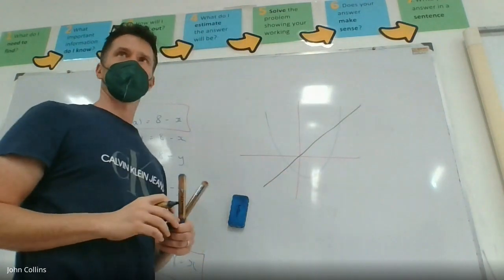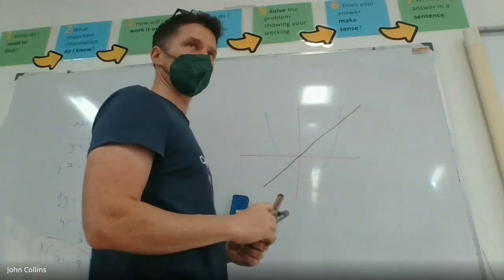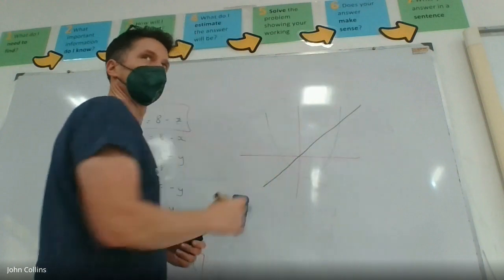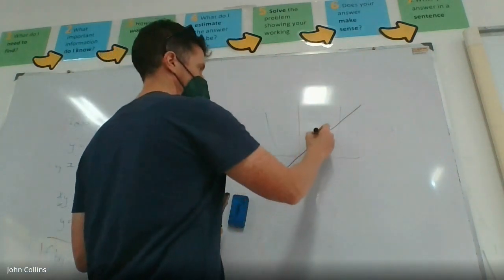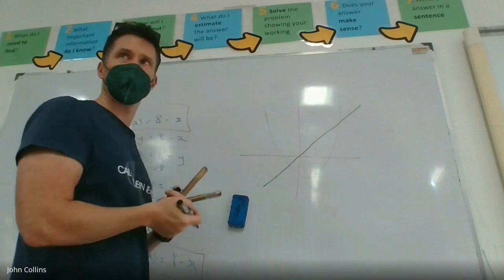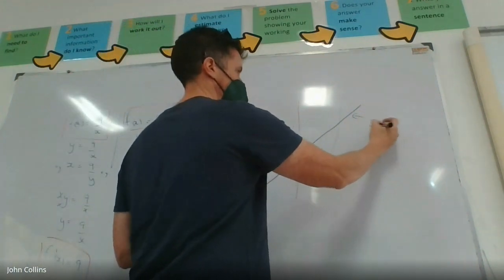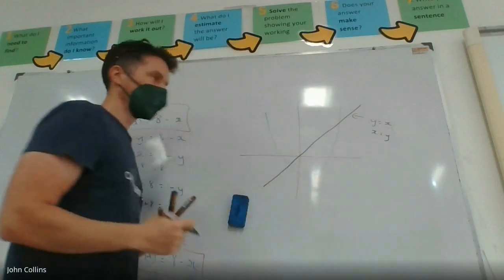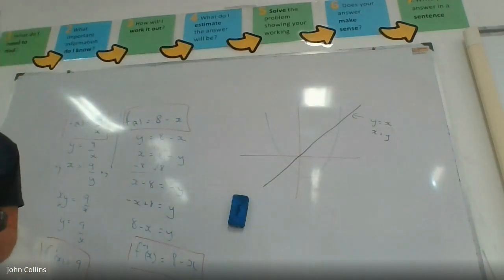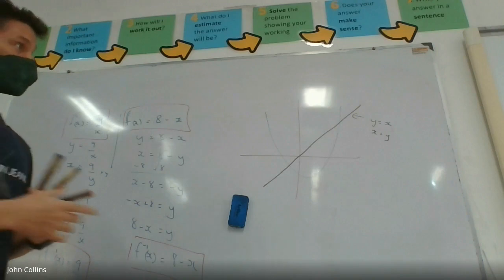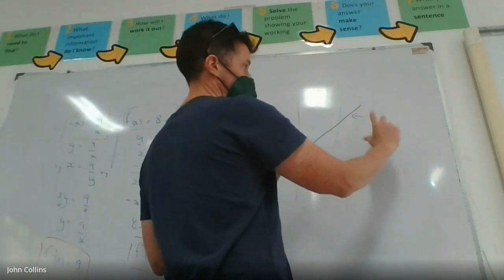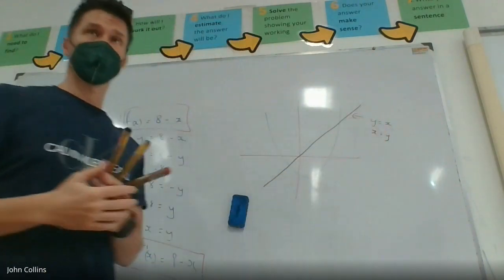Does anyone know the name of that diagonal, perfect diagonal line through the center? It goes through the points (1, 1), (2, 2), (3, 3), (4, 4), and so on. That's the line y equals x. It's its reflection in that line, where all the y's equal the x's, so you're swapping x's and y's. It's the reflection in that line.